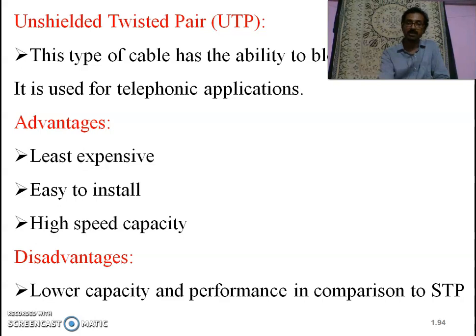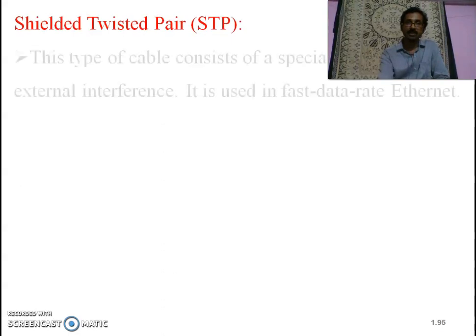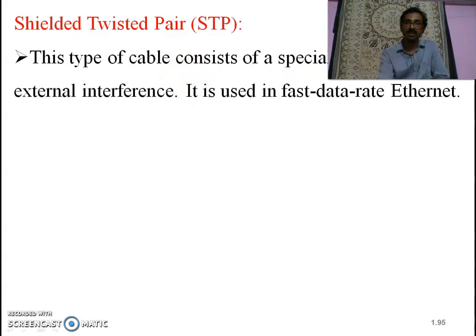STP is nothing but a shielded twisted pair cable. It has lower capacity and lower performance compared to shielded twisted pair cables. And next, it is used in short distance communication due to attenuation. And next one is the shielded twisted pair cable. This type of cable consists of a special jack to block the external interference.